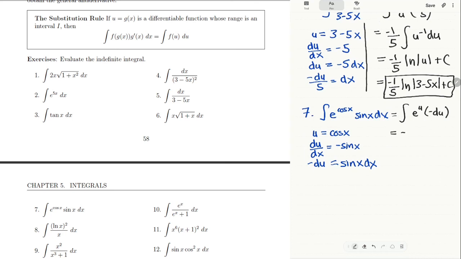We can move the negative outside of the integral. So this becomes negative the integral of e to the u du. And the antiderivative of e to the u is e to the u plus a constant. And in the last step, we substitute back the original variable. So we have negative e to the cos of x plus c.